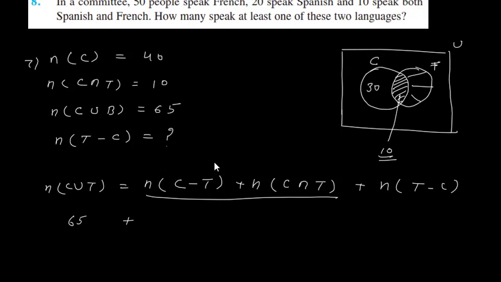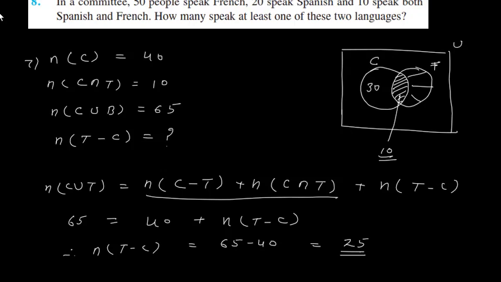So 65 is equal to 40 plus n of T minus C. So n of T minus C is 65 minus 40, which is 25. So there are 25 people who play only tennis and no cricket.